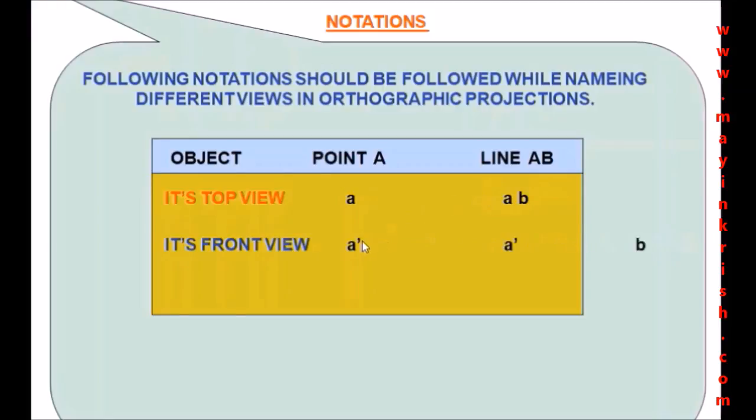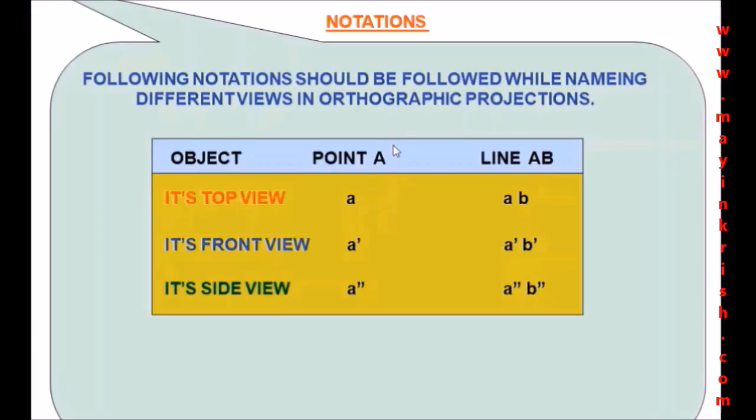And the front view will be represented as a dash for the A, and for the AB, it should be defined as a dash b dash. And similarly, for the side view, for the A, it should be referred to as a double dash, and for the AB, it should be defined as a double dash b double dash.